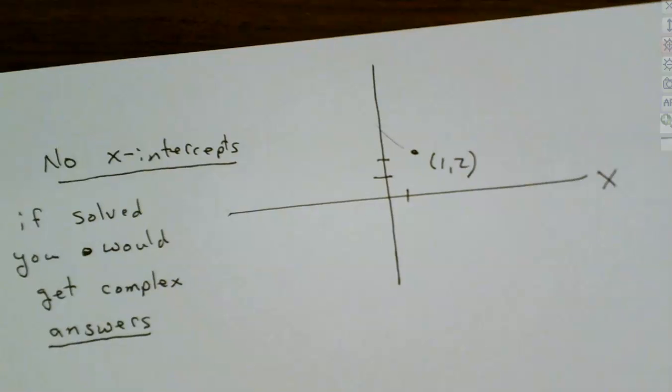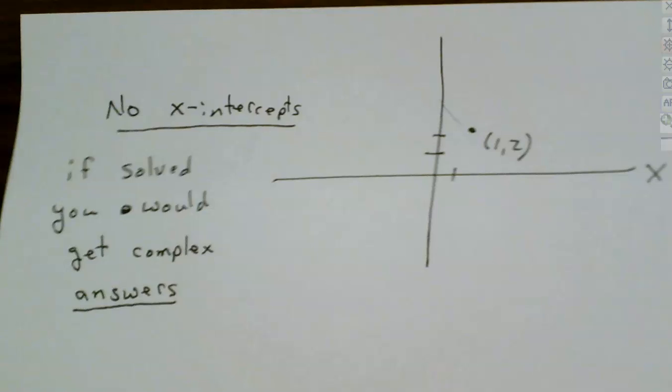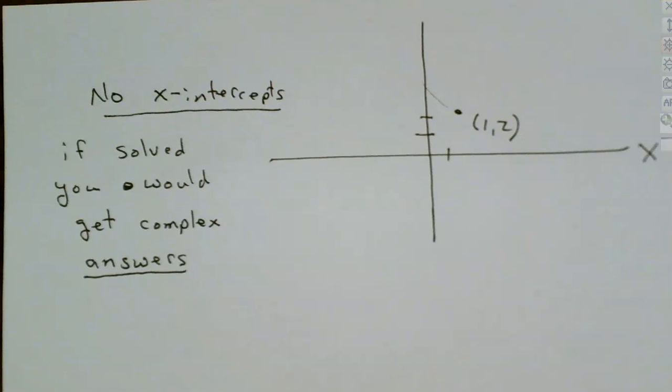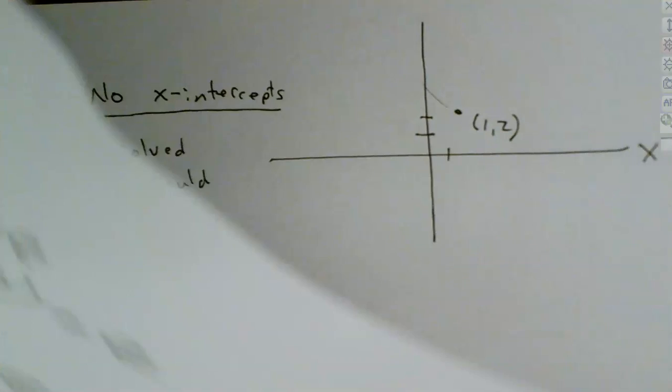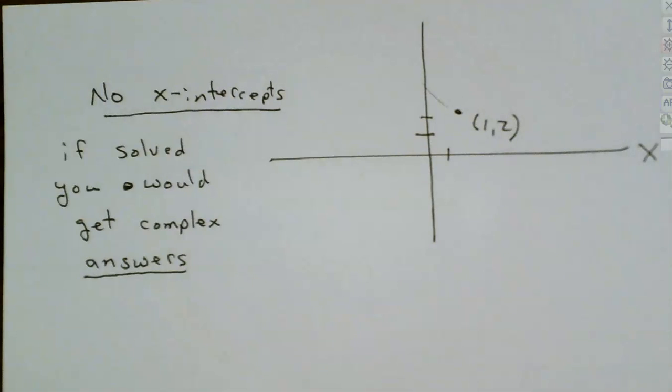And if you use that quadratic formula, you would get complex or non-real numbers. And we can't graph imaginary numbers on a real line, on our axis. So you would get complex numbers, and anytime you get complex numbers, you have no x-intercepts.